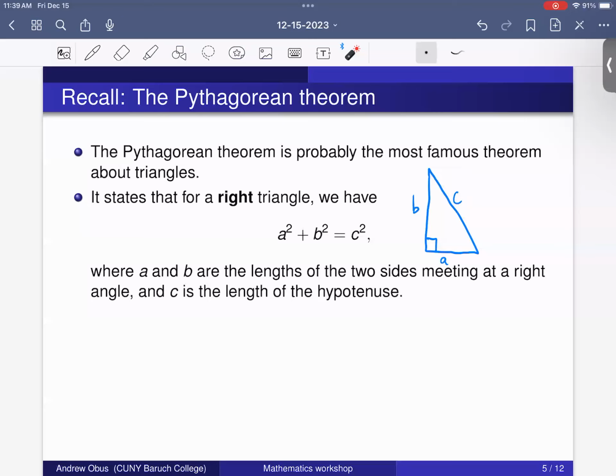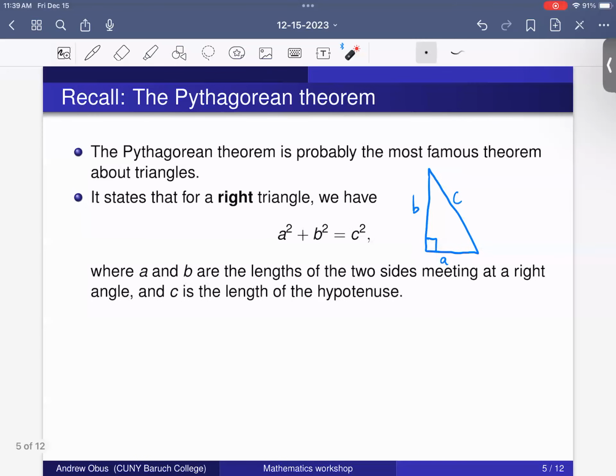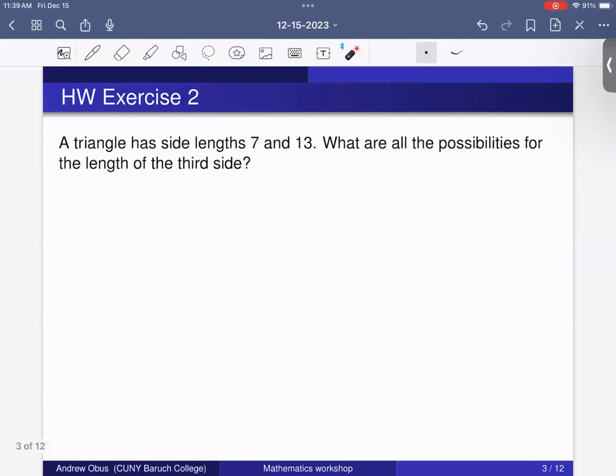Then A squared plus B squared equals C squared. Here A and B are the lengths of the two sides meeting at the right angle, and C is the length of the hypotenuse. These are the two major results from last time, and they will be used in the homework problems I want to go over today.